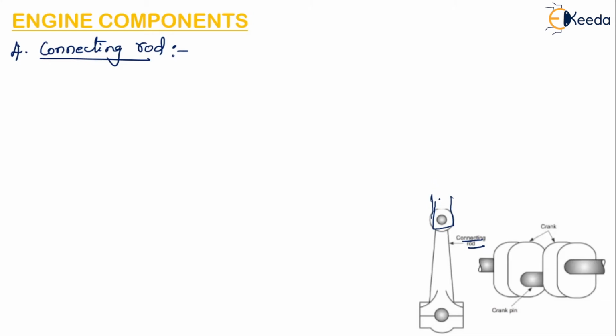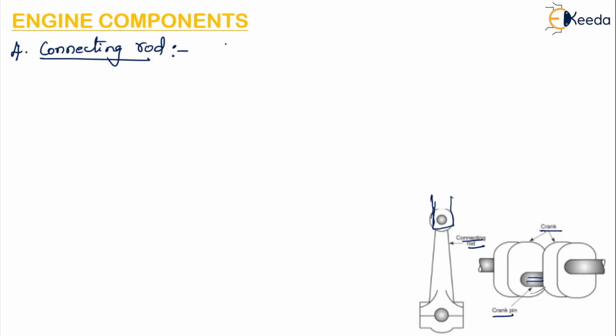So this reciprocating motion of the piston is transmitted to the crank with the help of this connecting rod. So as it transmits the reciprocating motion, it will convert it into rotary motion of the crank. So this is the crank which is shown here, and there is a crank pin also shown in the figure.